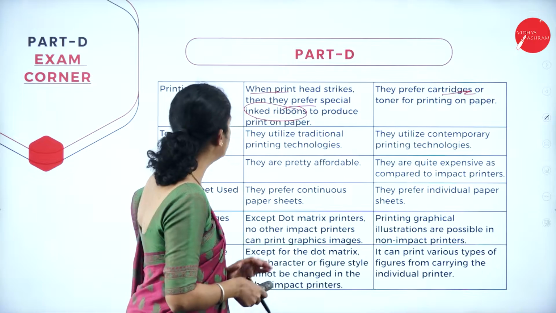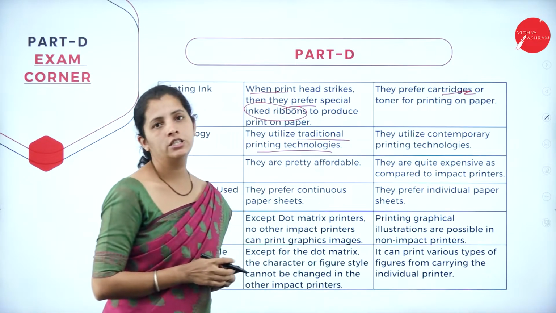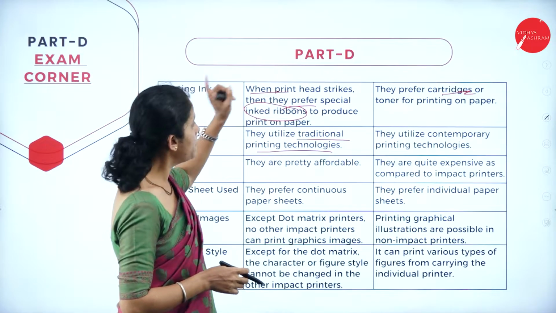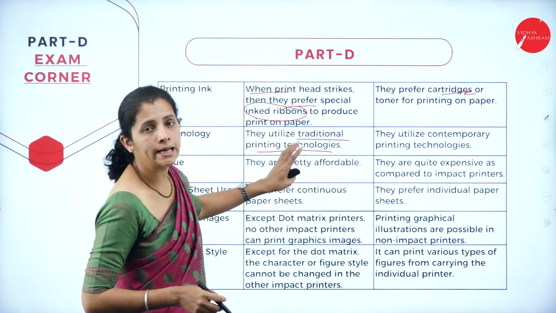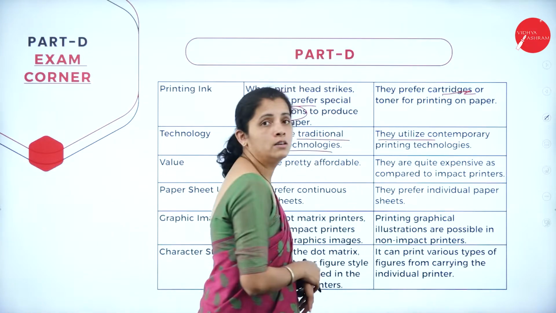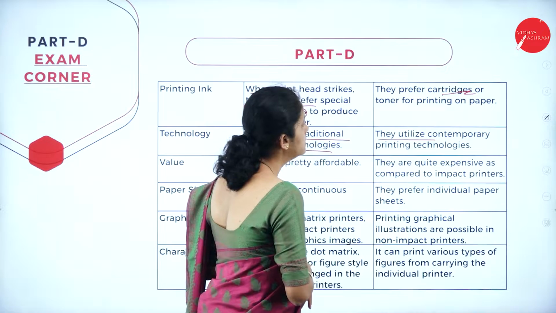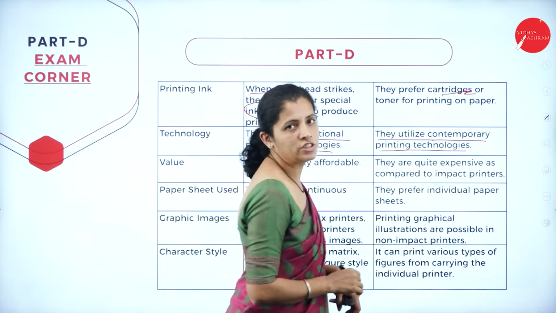Now, technology. This is the traditional printing technology. Impact printers are an example of traditional printing technology. But what about non-impact printers? That is contemporary printing technology.